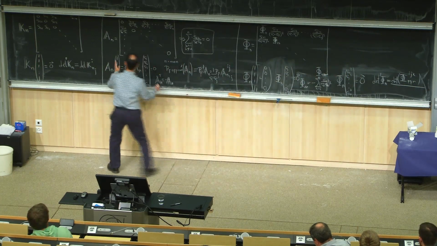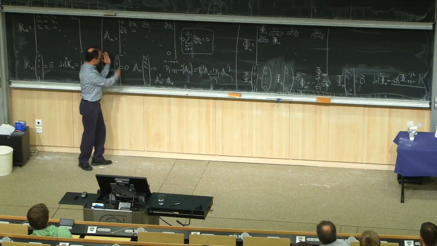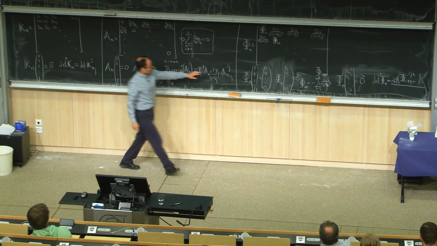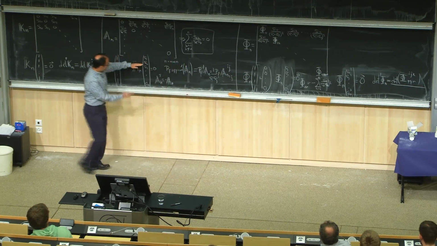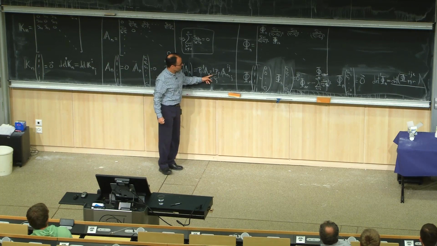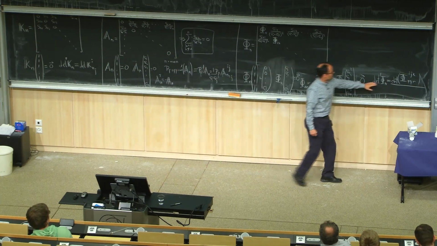Here, what we did was to construct the 2 by n matrix made out of the null eigenvectors. And then the things that we removed, we just took those 2 rows and computed the determinant, and that's the thing that we put in the denominator. So here we can do the same thing.